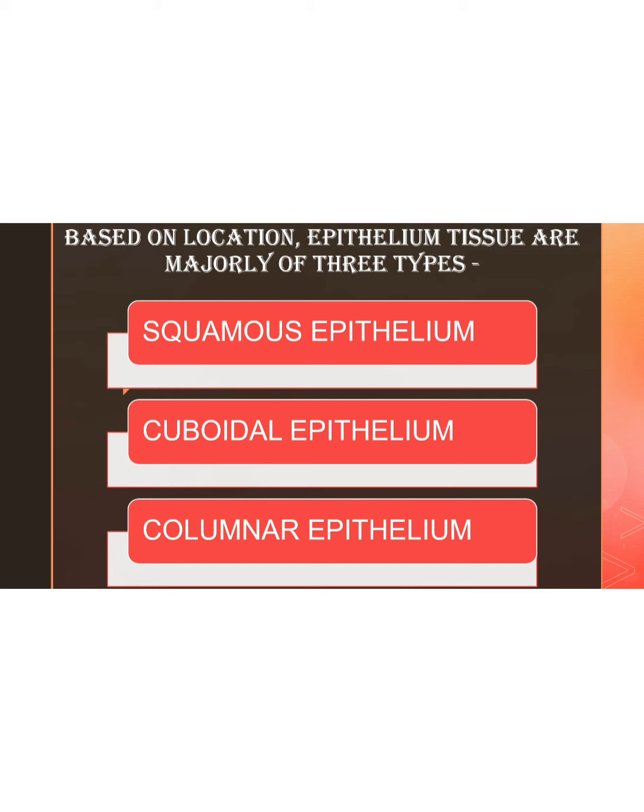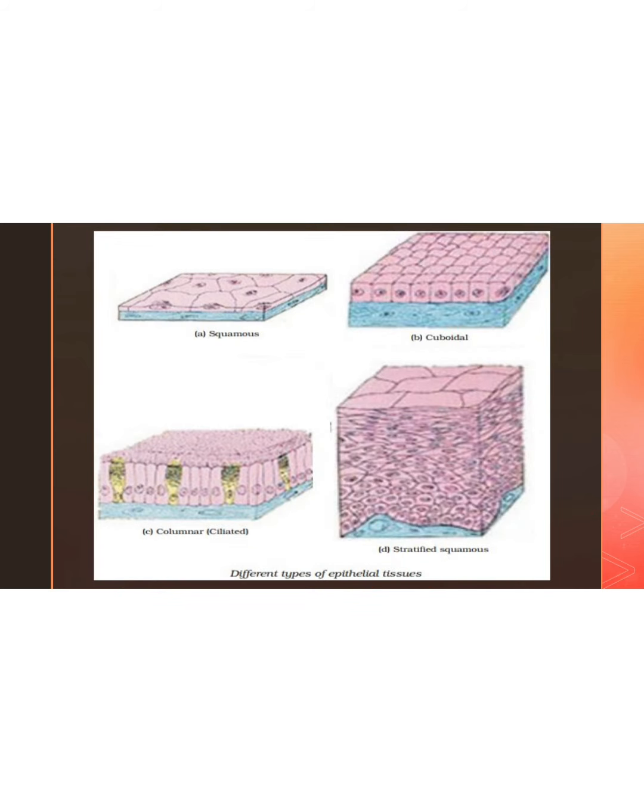Next, based on the location, we have three different kinds of epithelium, that is squamous, cuboidal and columnar epithelium. It is a very important tissue present all over the body, and based on their names we can just remember them. So we start with squamous epithelium. This is the first structure you can see.